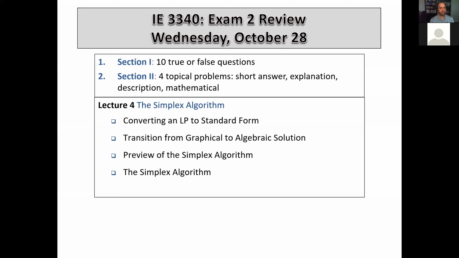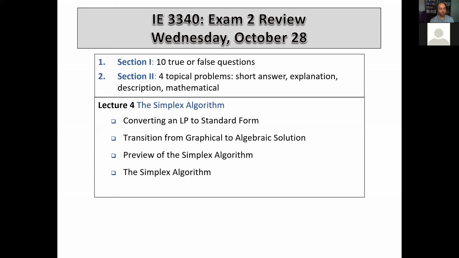In this part of the semester, we look at lecture 4, which is the simplex algorithm. A piece of this lecture was material for the first exam. If you remember, putting the problem into the standard form, meaning making all the constraints equalities using slack and excess variables, was material for the first exam.